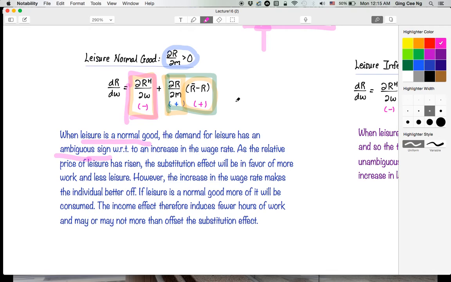That's the income effect. But the substitution effect is saying, each hour I'm not working is actually costing me more in terms of my foregone wages, so it's pushing me to work more. That's the substitution effect. Which of these two effects dominates will determine the overall sign of whether leisure goes up, and therefore whether labor supply goes down. Okay?